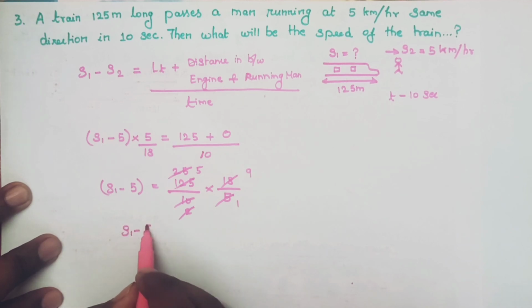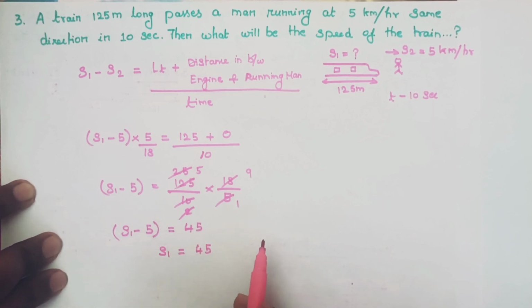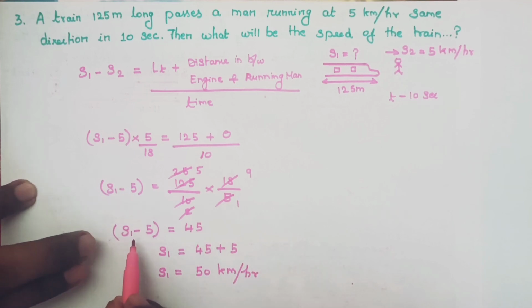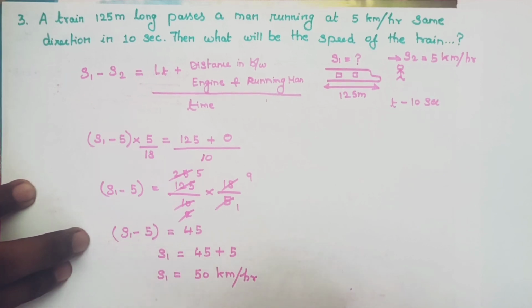Here S1 minus 5 equal to 5 nines are 45, right? So S1 equal to 45. If this 5 will go to that side, its sign gets changed, so plus 5. So S1 equal to 50 kilometer per hour. Because within this bracket it's still in kilometer per hour, we will just apply the same thing in the answer. S1 equal to 50 kilometer per hour.